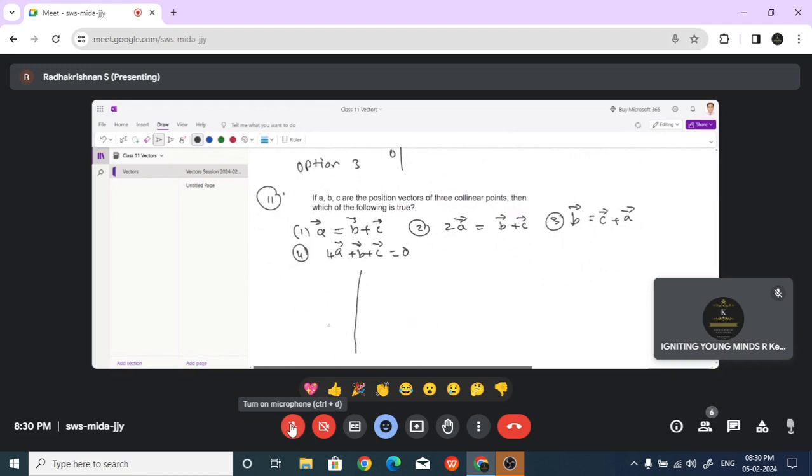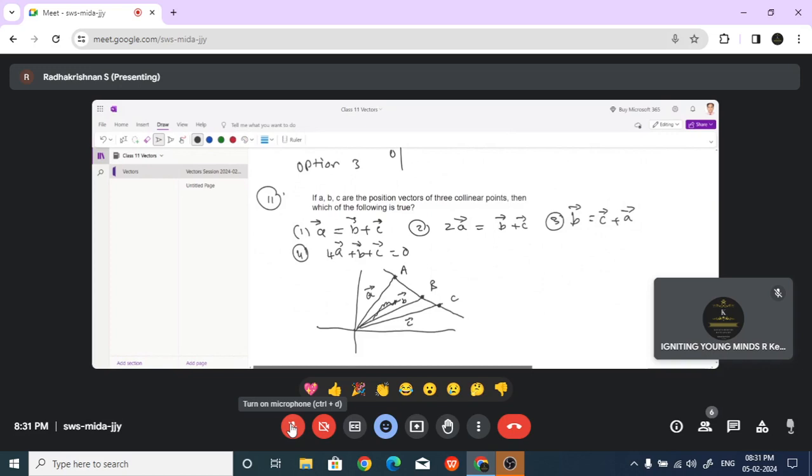Okay, think about it. So there are 3 collinear points. Okay, so this is your vector A, this is your vector B, this is your vector C. So this is what is given. A, B, C are position vectors of 3 collinear points.